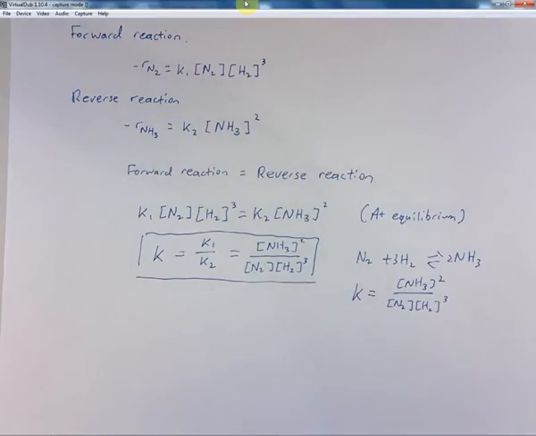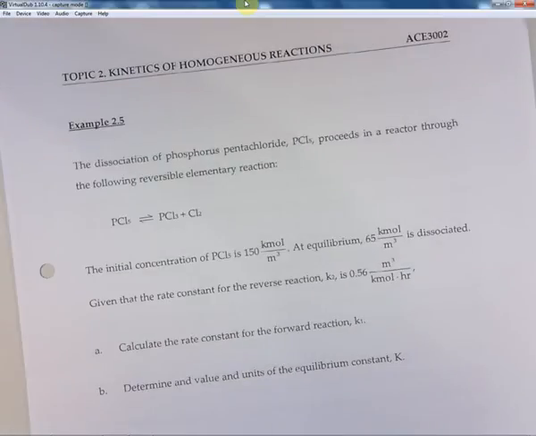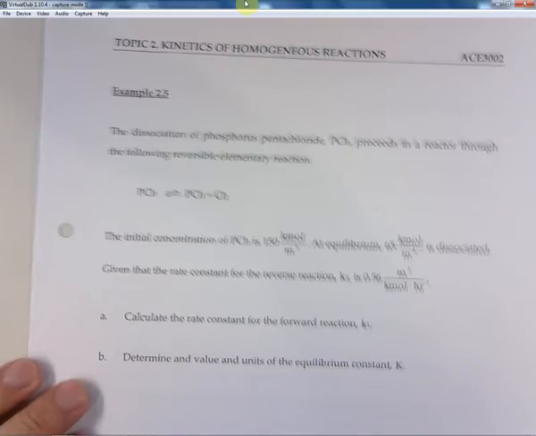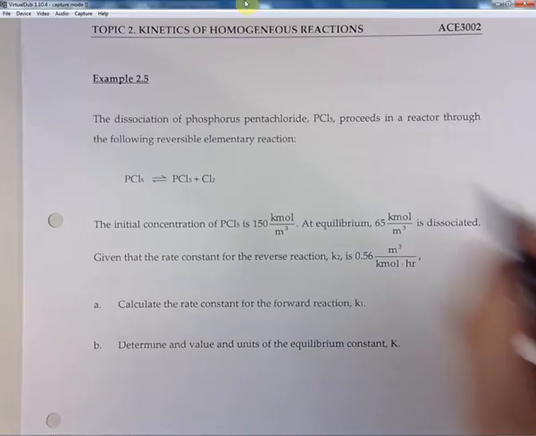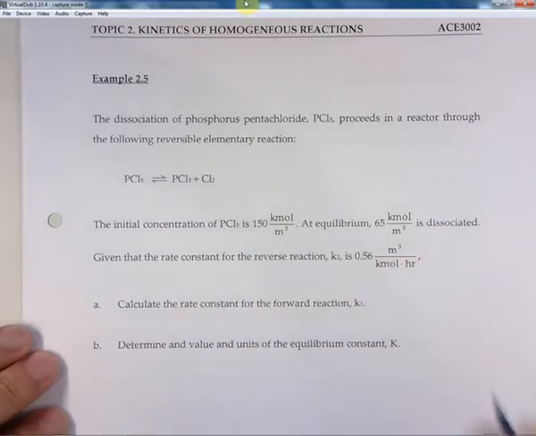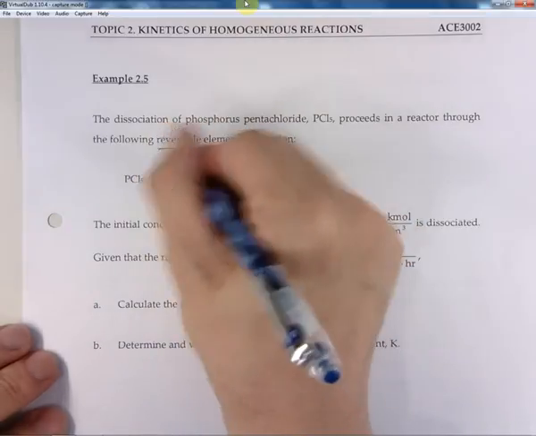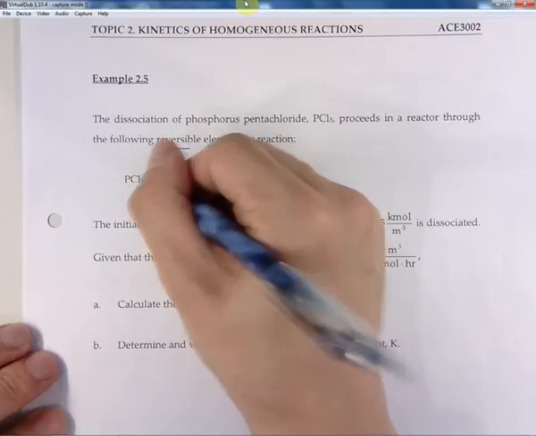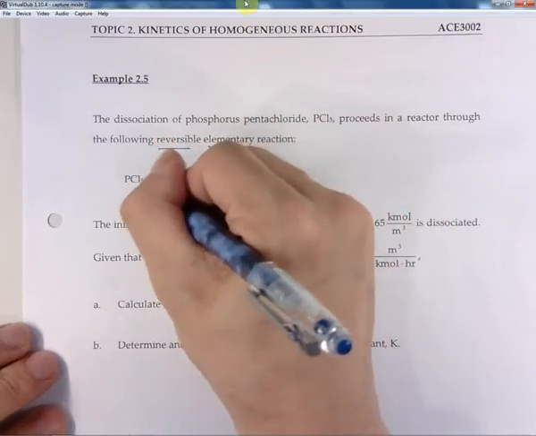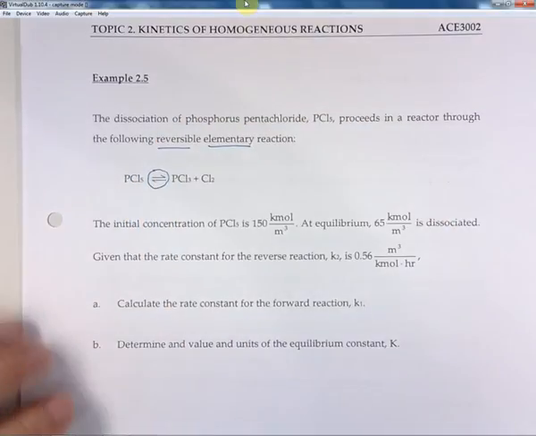So with this, we will look at example 2.5. The dissociation of phosphorus pentachloride PCl5 proceeds through the following reversible elementary reaction. So the keyword is reversible elementary reaction. And how do we spot a reversible reaction in a chemical equation? Look for this double arrow. So this is our reversible reaction.